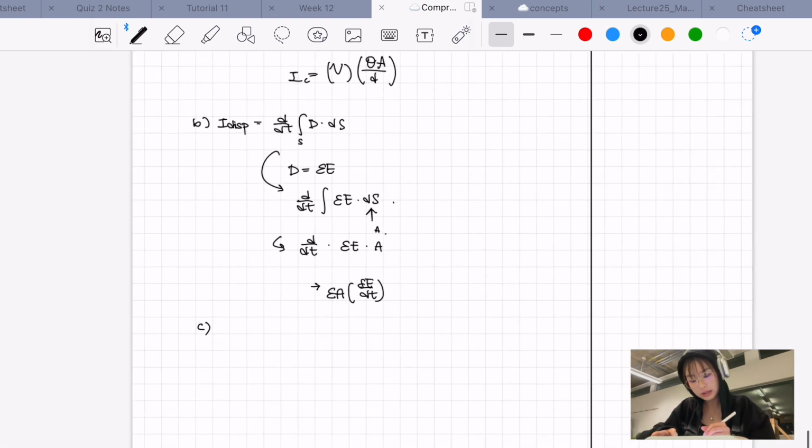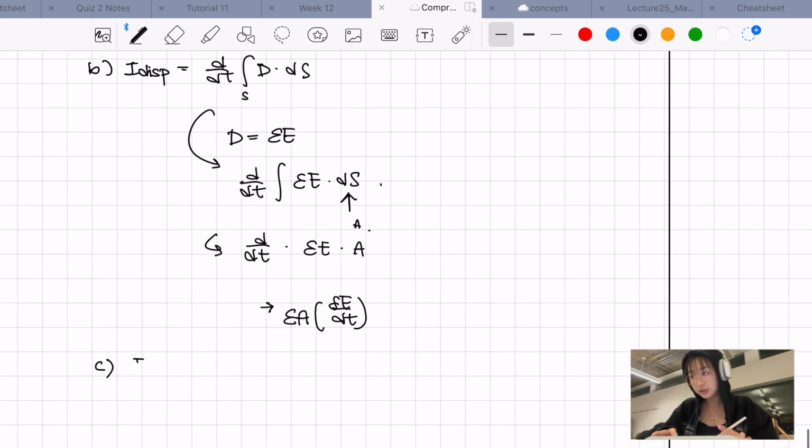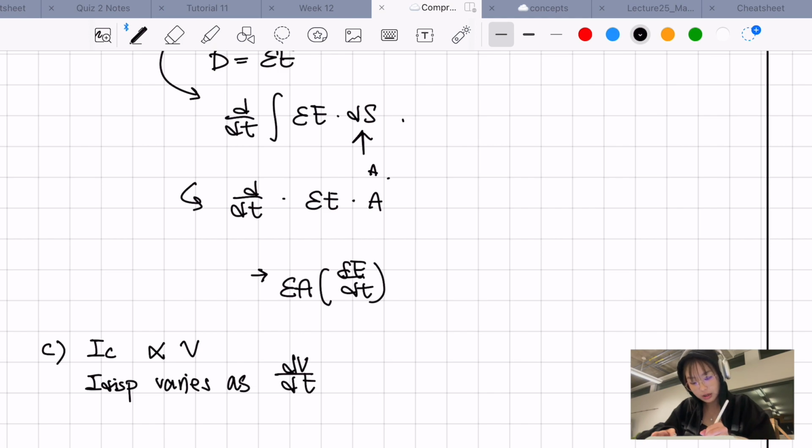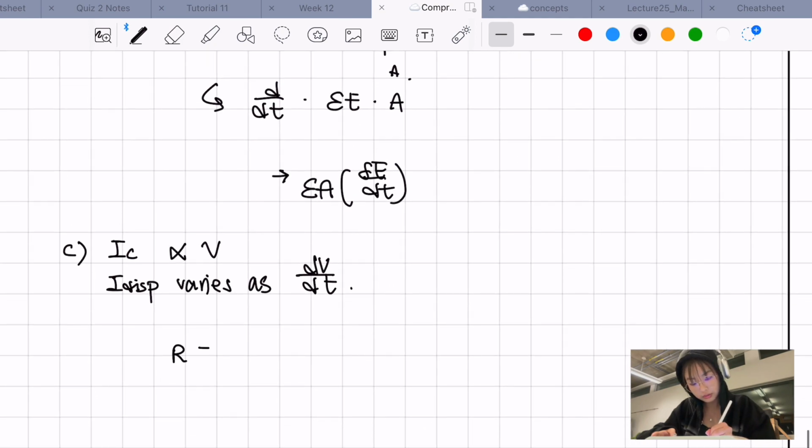We know that I_C, the conduction current, is proportional to the voltage, while the displacement current varies as dV/dt. We know that R is equal to d over sigma A, and that capacitance is epsilon A over d.